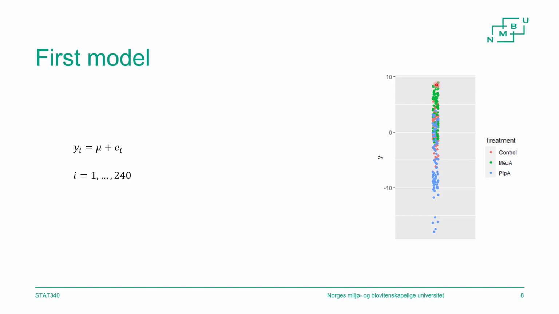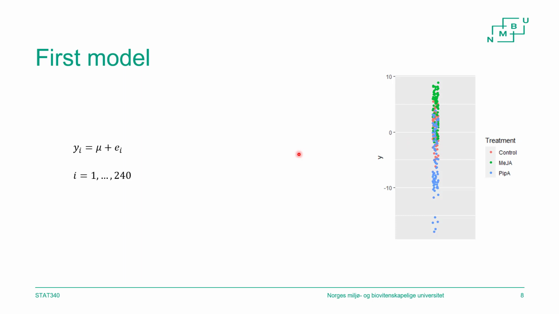All the points up here are green, right? These are the two different treatments. So obviously there is some effect of treatment here. It's not only randomness that explains the spread around this mu value. There is more systematic variation here.